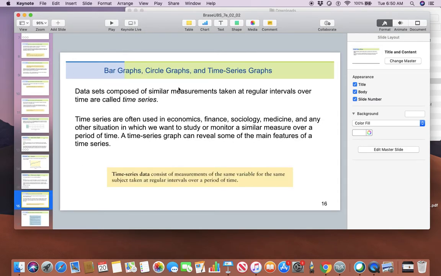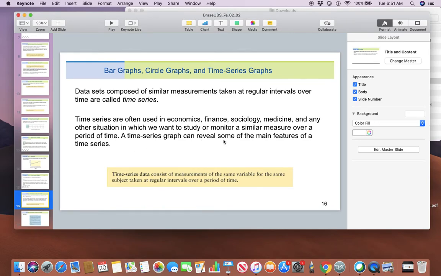Data sets composed of similar measurements taken at regular intervals over time are called time series. That was an example of a time series. So, similar measurements taken over regular intervals of time. Time series are often used in economics, finance, sociology, medicine, and any other situation in which we want to study or monitor a similar measure over a period of time.